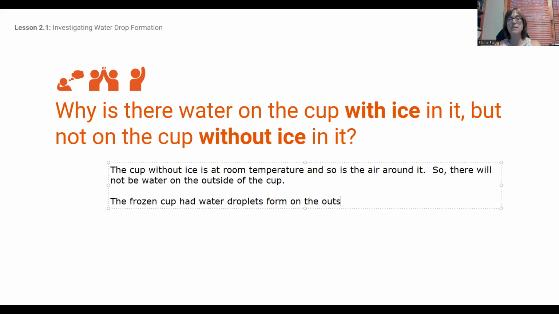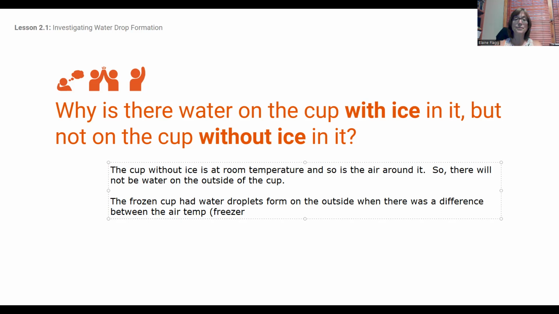We'll try to be very specific: on the outside, when there was a difference between the air temperature, which in this case was the freezer air, and the cup. The cup would have been warmer.